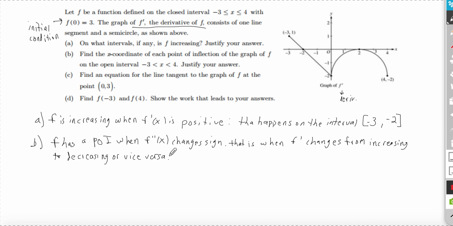Looks like at x equals 0, f prime changes from decreasing to increasing. We don't have to be differentiable there. We just need to change from decreasing to increasing, or vice versa. It looks like we also change from increasing to decreasing at x equals 2. So at x equals 0 and 2, that got you 1 point in your justification, because that's where f prime changes from increasing to decreasing, or vice versa.